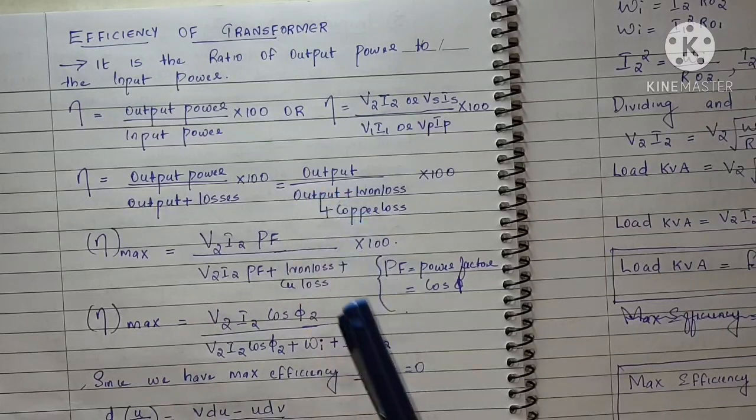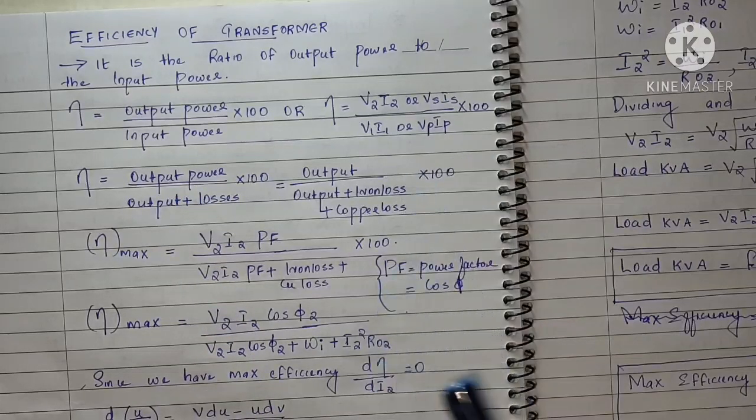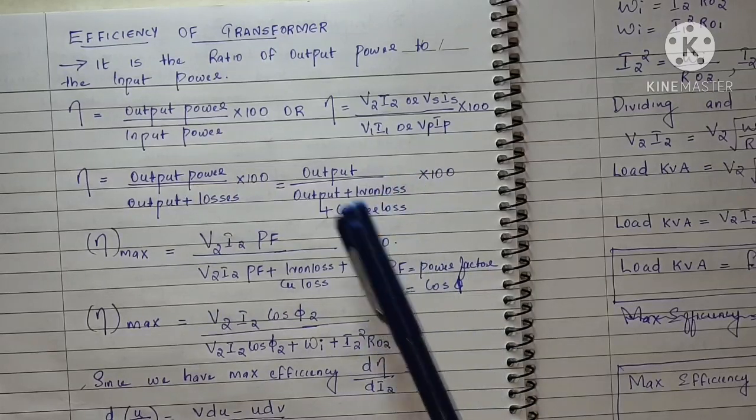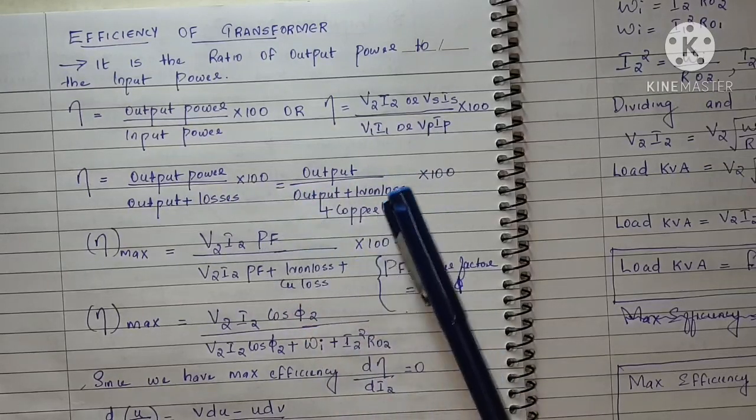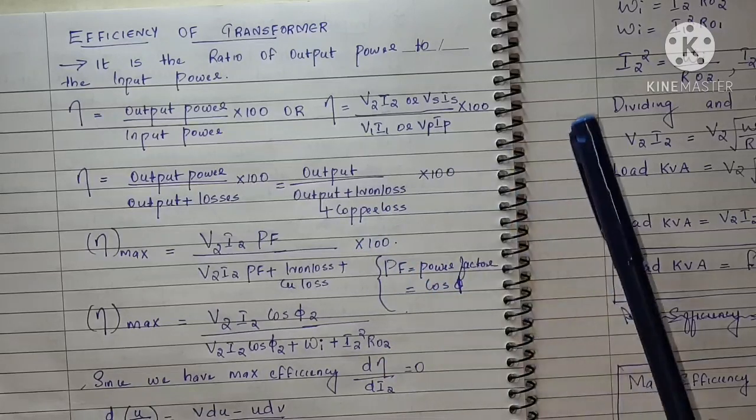That is, output power divided by input can be written as output plus losses. Losses are of two types, iron loss and copper loss. So output by output plus iron loss plus copper loss into 100.